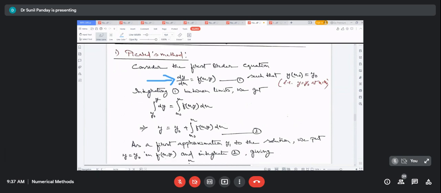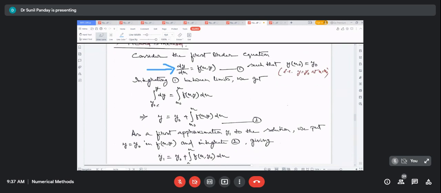So integrating equation 1 between the limits x naught to x. Actually, it is not like that.